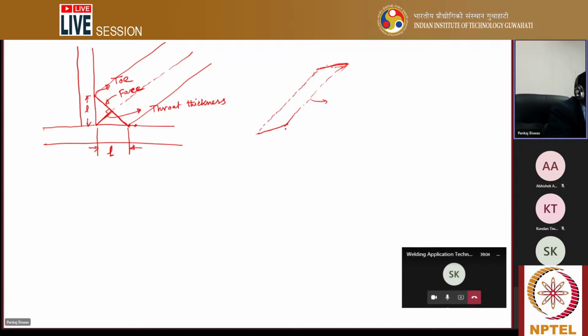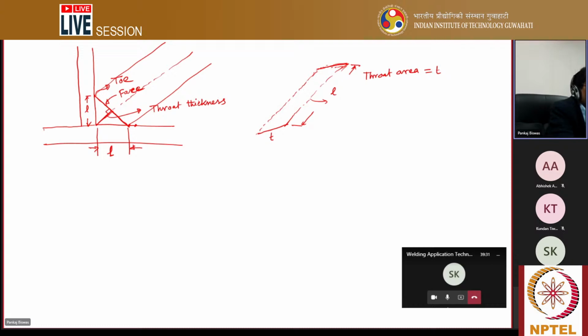it has an area actually. This area is called the throat thickness into weld length. Let us consider this is the weld length. So the throat area will be how much? Throat area will be just equal to throat thickness T, that means width, into length.